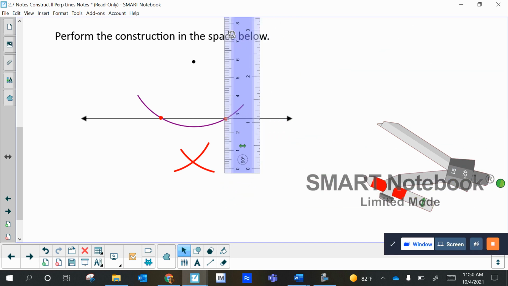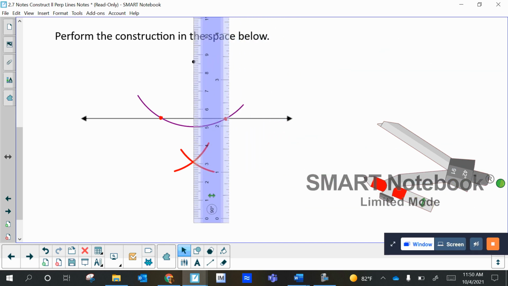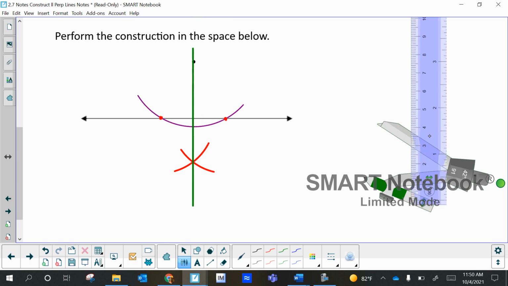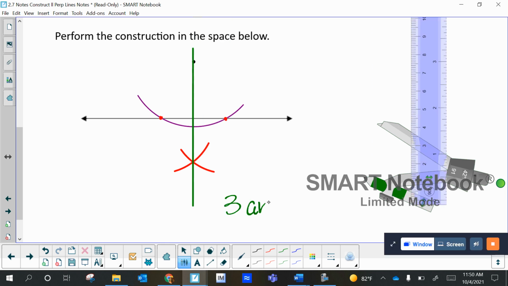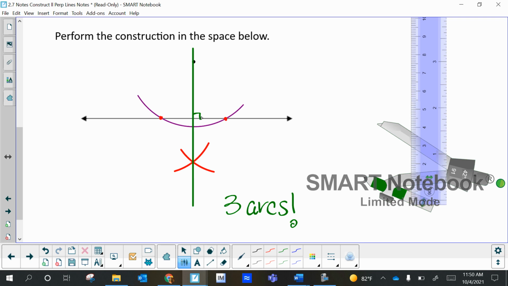Now you just connect that intersection through that red dot, and that's a perpendicular. So again, if you think you'll forget, write down that you must have 3 arcs. That's a perfect right angle right there. And no, it's not necessarily in the middle.